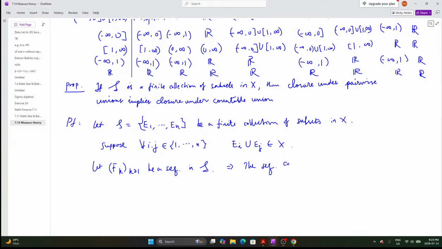The sequence can involve, so that's the main argument here, can involve at most n distinct sets.